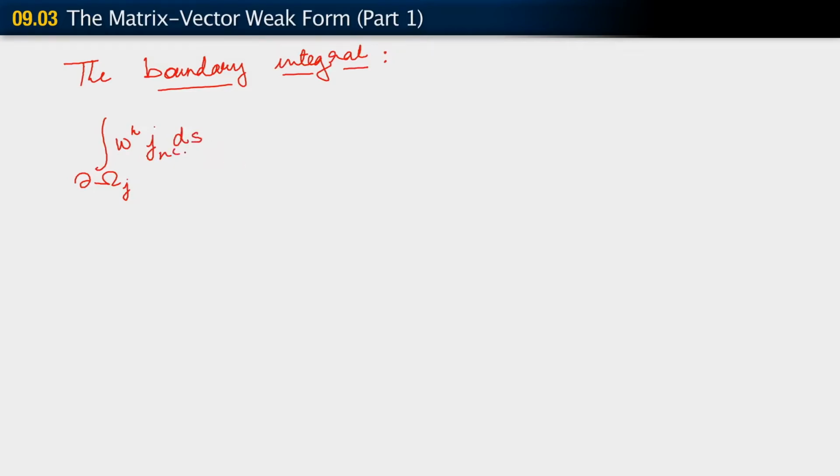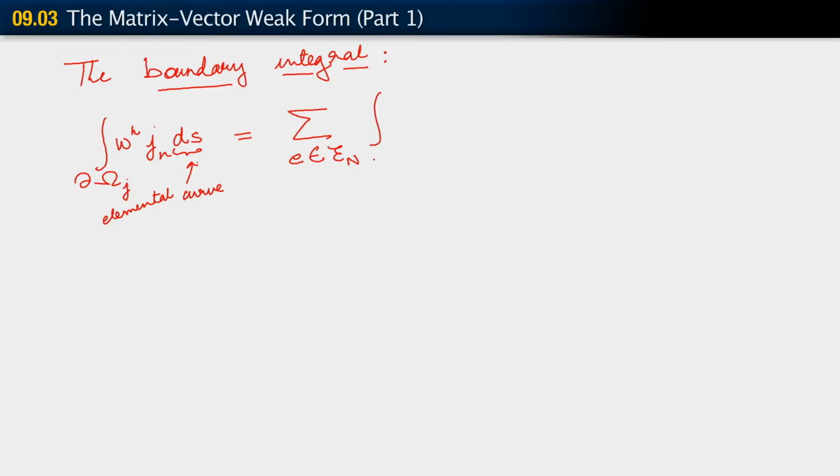Here we need to pay attention to the fact that ds is an elemental curve. Again, this is a sum now over e belonging to the set of elements whose boundaries coincide with the Neumann boundary, and we'd use that notation, script E sub n.